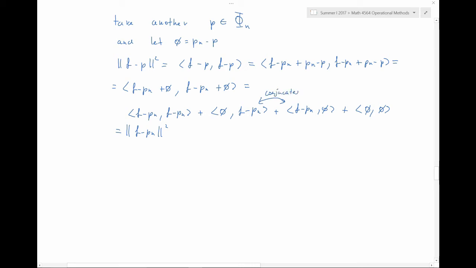When you add two conjugates, the result is two real parts.